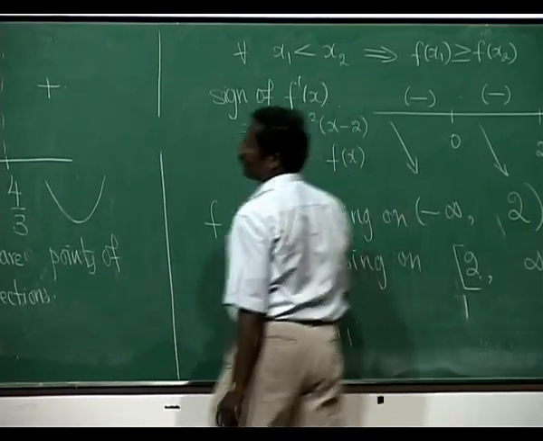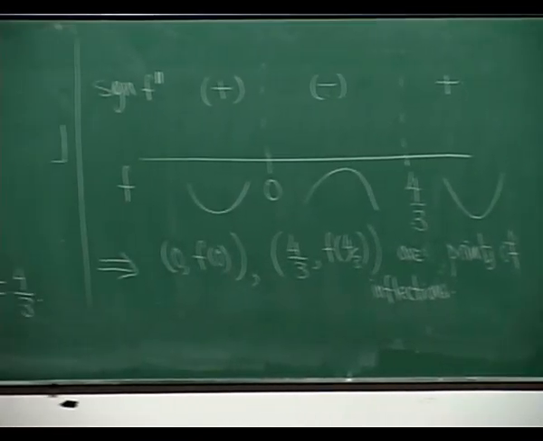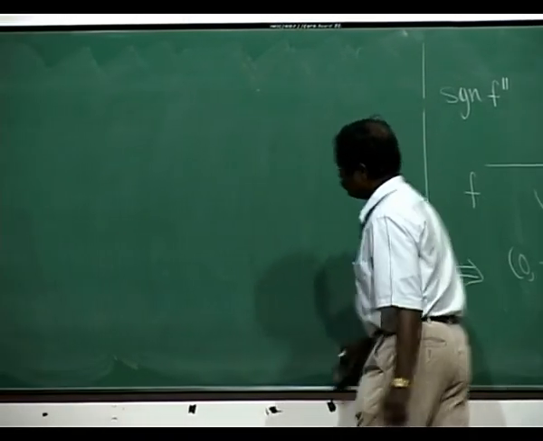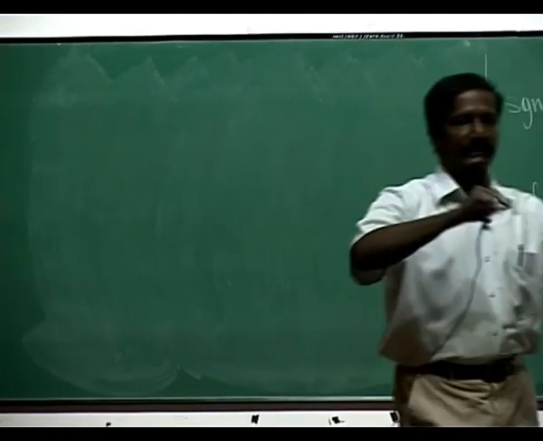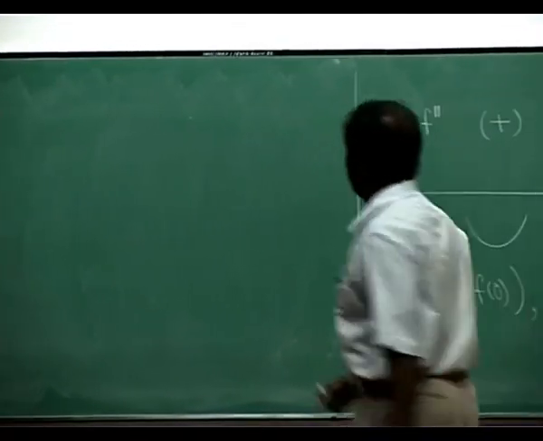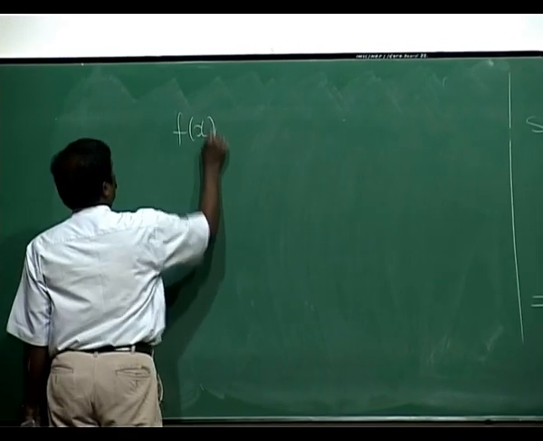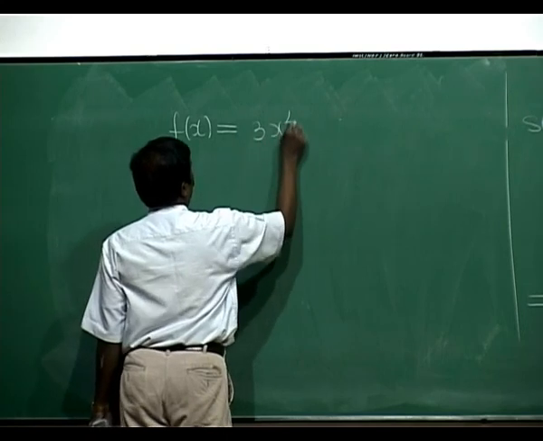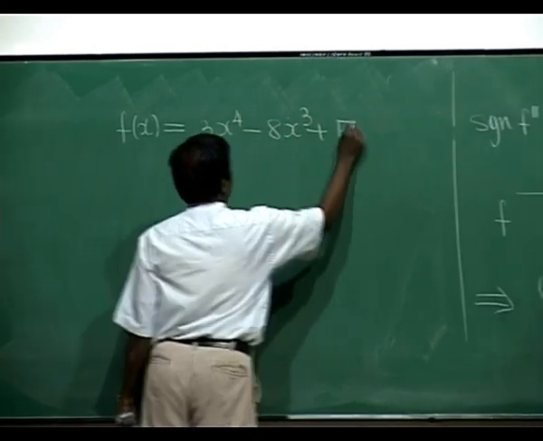So now, do we have all the information needed for getting the graph? Let's also look for the behavior of this function as x gets large on both sides. So our function was f of x equal to 3x power 4 minus 8x cube plus 5.